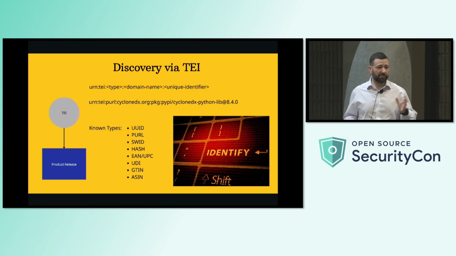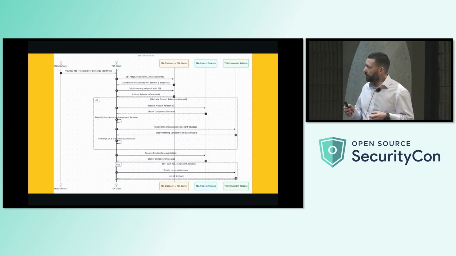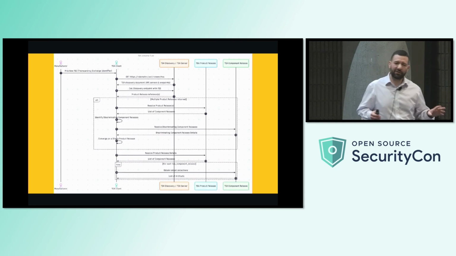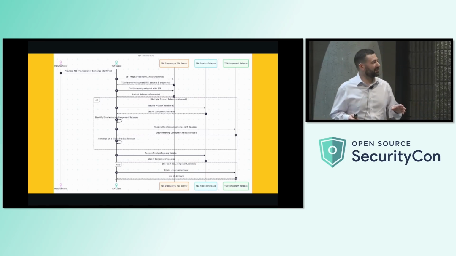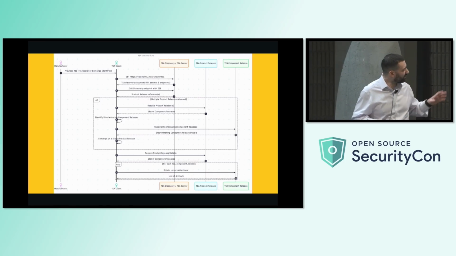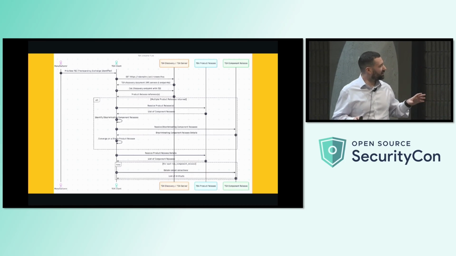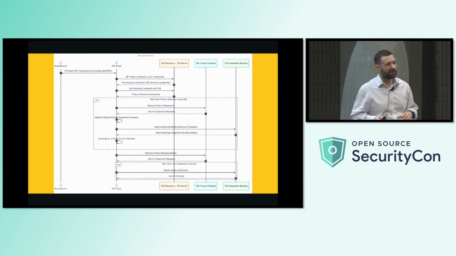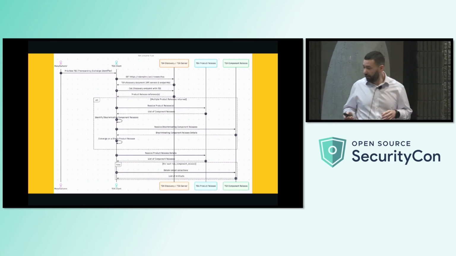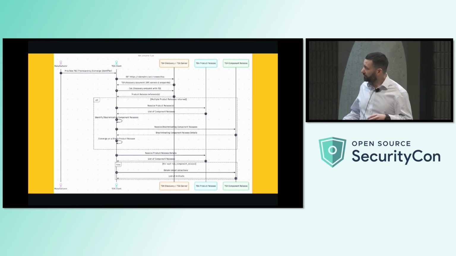Manufacturer needs to supply this TEI to consumer, and that's the only piece of information that consumer needs to resolve the artifacts. Okay, if you downloaded my slides or do it later, I think the font is too small here, but this shows the sequence diagram of how this works. And half of this is conditional.